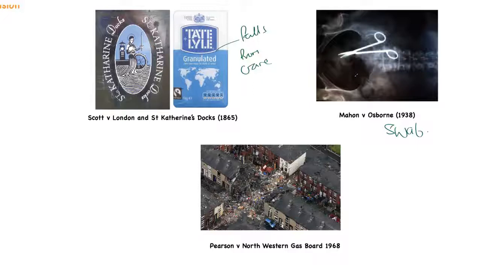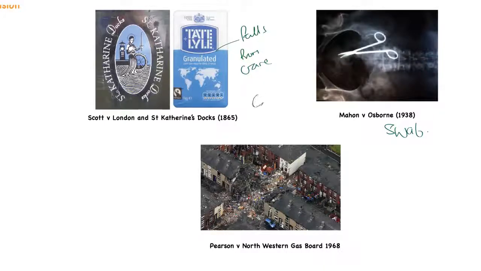The swab is wholly under the control of the hospital, and there is no other explanation for the death of the claimant. This is helpful to the claimant because they were unconscious at the time of the accident. Therefore, they can't give evidence. So res ipsa helps the claimant where they don't have any evidence to be able to offer.